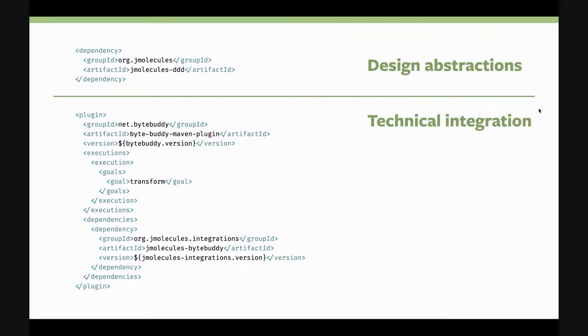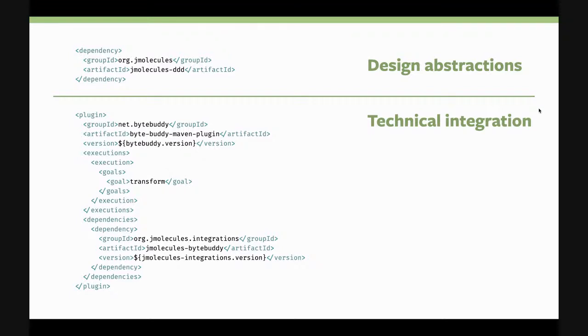Similar to what Boot does, but at build time in this case, applying domain or architectural pattern rules to your code, and deriving the technically needed means of configuration for your code base.